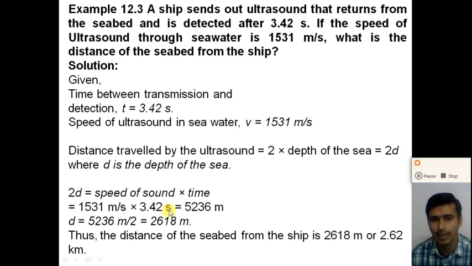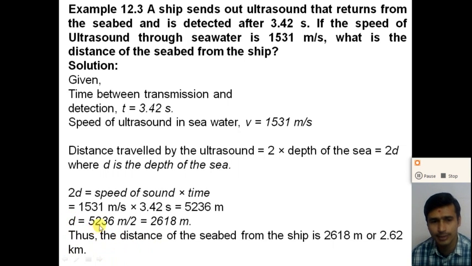So we get an answer 5236 meters. So the actual distance traveled by the ultrasound is 5236 meters. But the depth of the sea, or the distance of the seabed from the ship, is half of the actual distance.